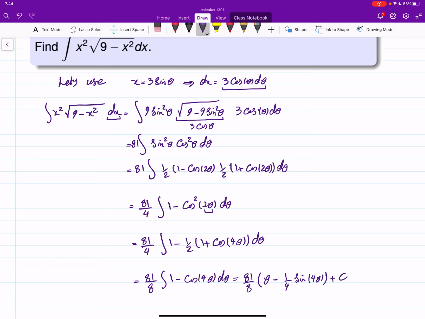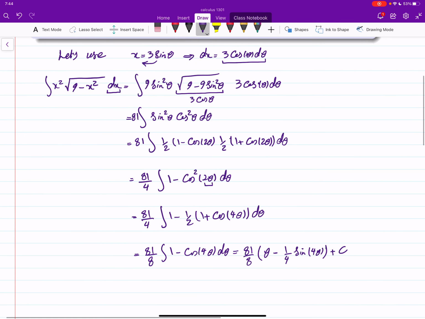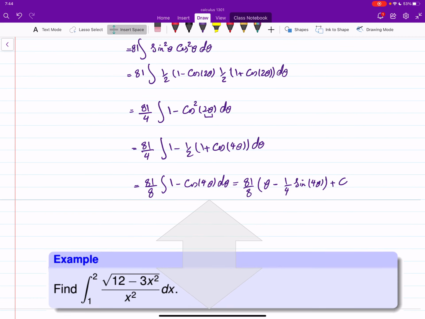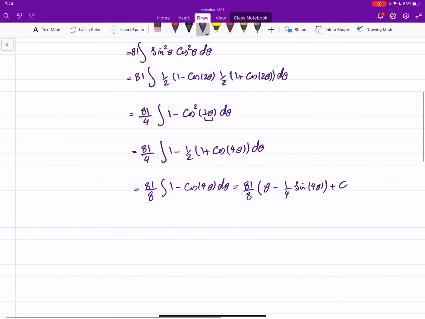As we had in all other substitutions, the substitution is not complete unless you put back in your original x. To be able to put back in that x, I will need some more simplification on the last term. So here what we have is 81 over 8 theta minus.